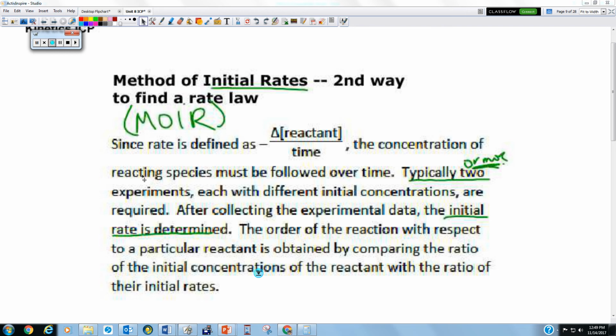All right, so let's go ahead and get started. Today we are looking at the second method for determining initial rates. It is called MOIR, our method of initial rates.